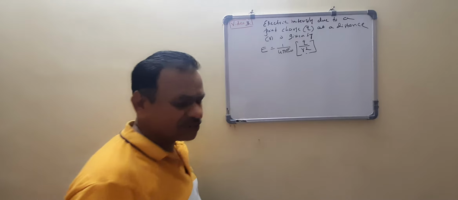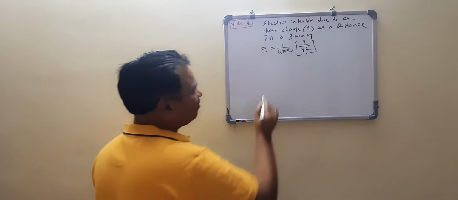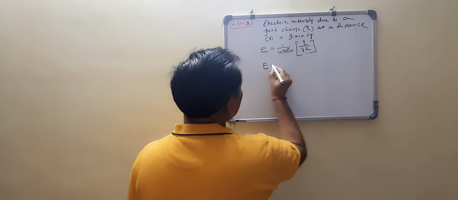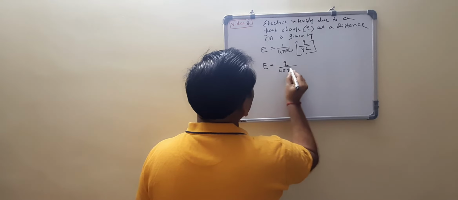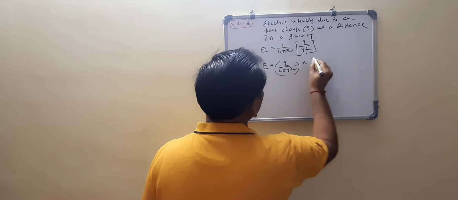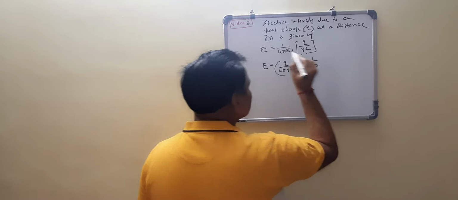This is the standard definition. Now I will rewrite this equation: E equal to Q divided by 4 pi R square into 1 by epsilon naught.